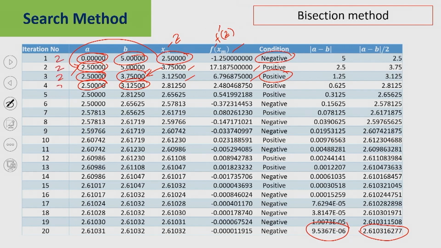So, if you are comparing up to the 11th iteration, we are doing 22 function evaluations. At the 11th iteration, we are getting the absolute value of a minus b as 0.00488, and the solution is 2.6098. Okay. So, that way I can compare, and if you do some more iterations, you are getting the optimal solution of this particular problem. Your error is just decreasing. Okay. So, in this case it is up to 10 to the power minus 6.